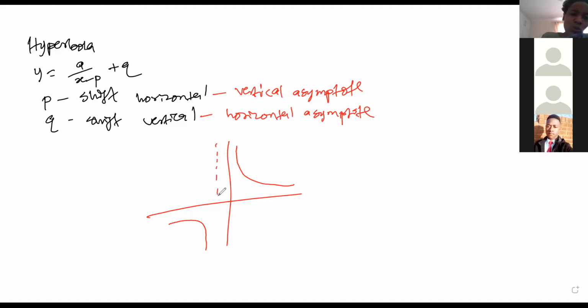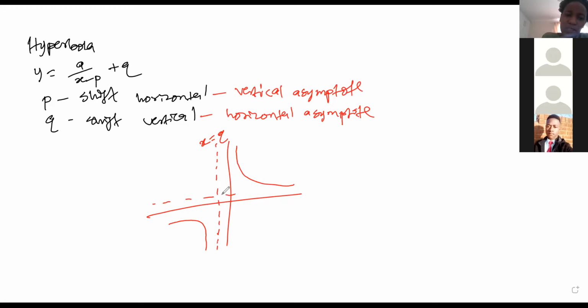This is your horizontal asymptote, y equals q, so your graph cannot touch this line.